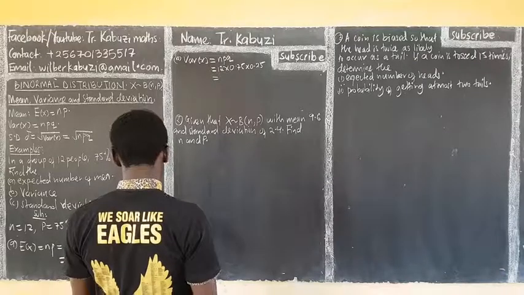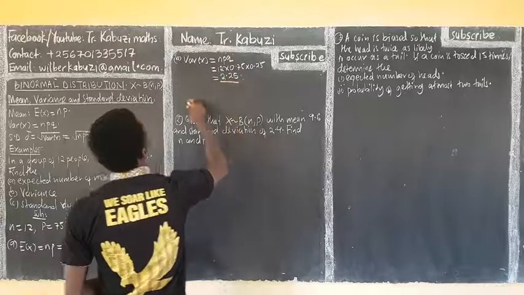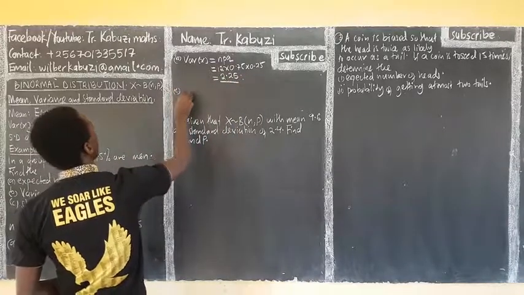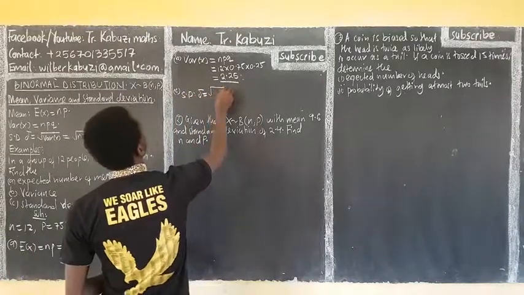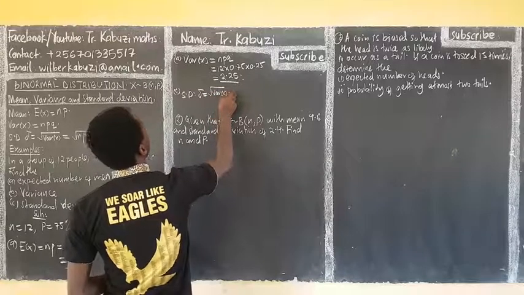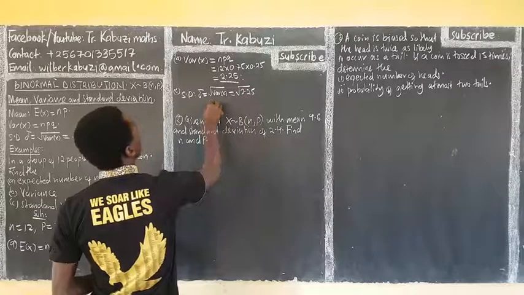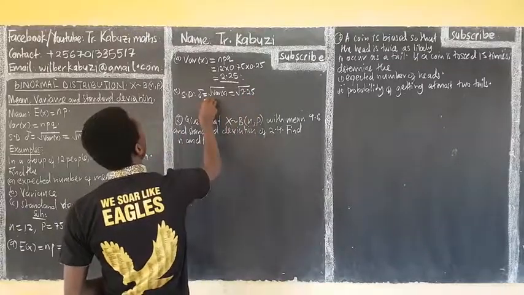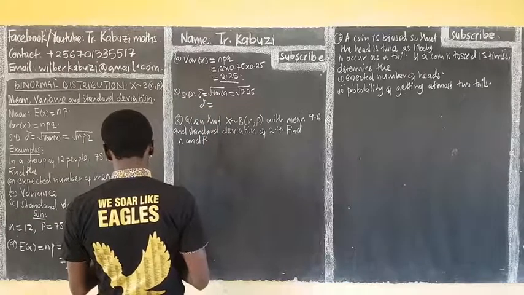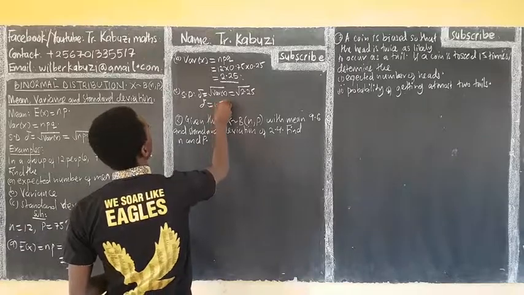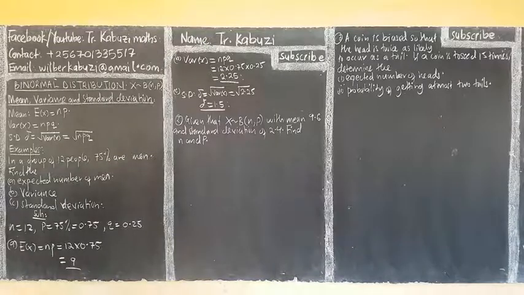And part C, to get the standard deviation, SD, which is given by the square root of the variance, which will be the square root of 2.25. So our standard deviation is the square root of that, which I think is 1.5, as simple as that. So with this, we have got that.